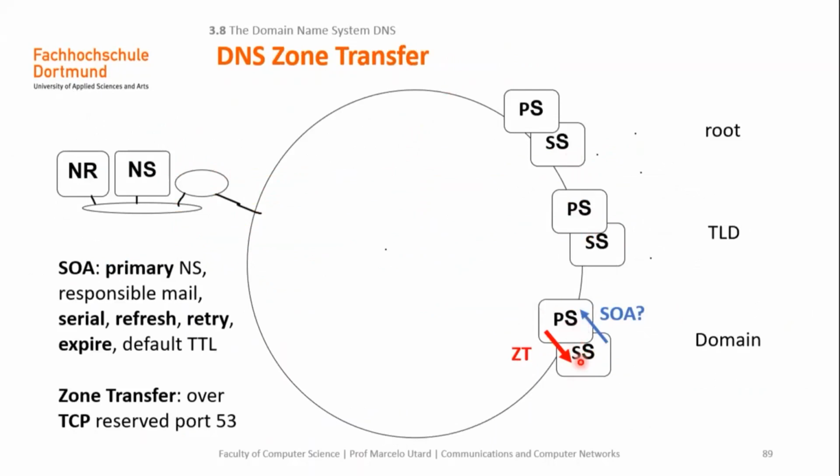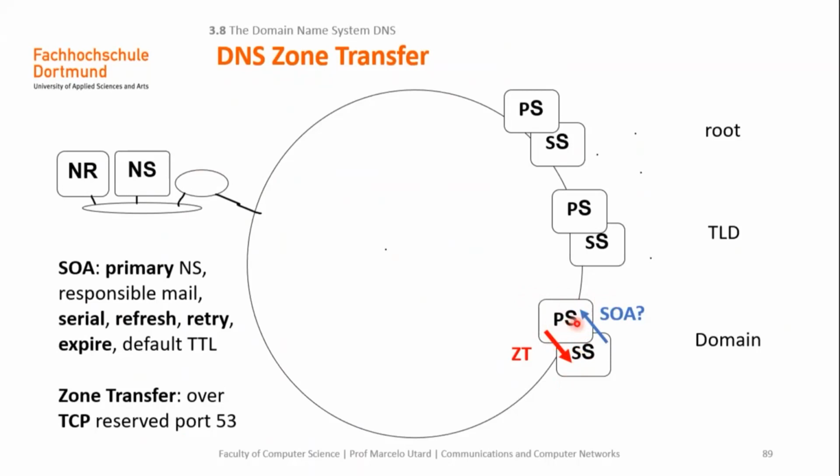Then, in order to perform that operation, for instance, if the administrative entity of this zone changes, for instance, adds, changes, or deletes some resource record in this zone, this is performed only in the primary server.